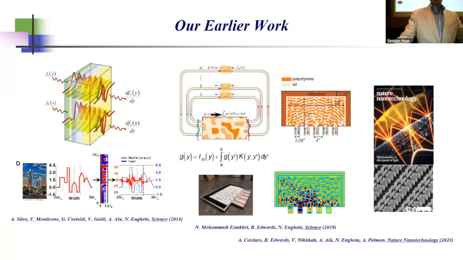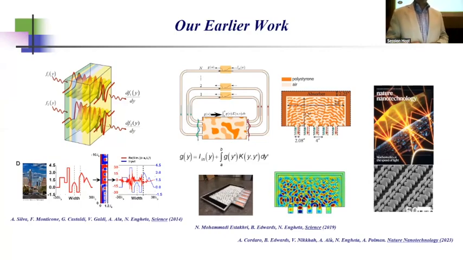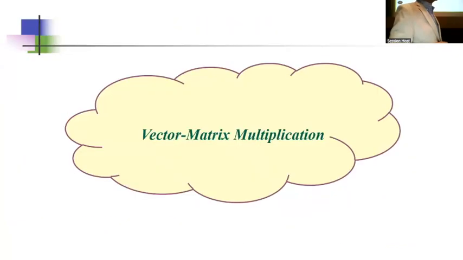Now, in the past 2 years, we have been expanding this concept in several different directions. So let me share with you some of them today. One of the directions that we decided to push our work is in the area of how metamaterial can actually help us in vector matrix multiplication with waves. Why are we interested in vector matrix multiplication?